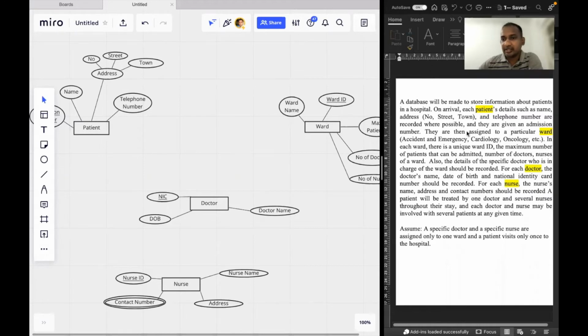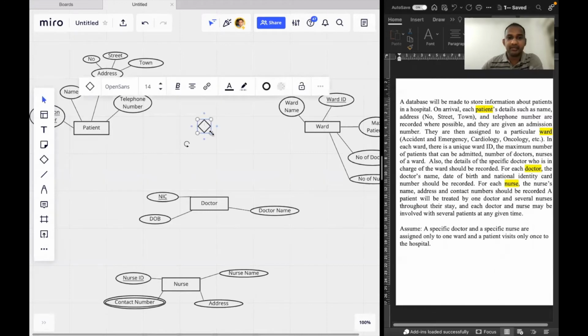Then they are given an admission number, then they are assigned. So we can take assign as a relationship. Remember that relationships are denoted by a diamond sign in the ER diagram. So you can draw the diamond sign, this kind of one, between the patient and the ward in the middle, and you can use assign.